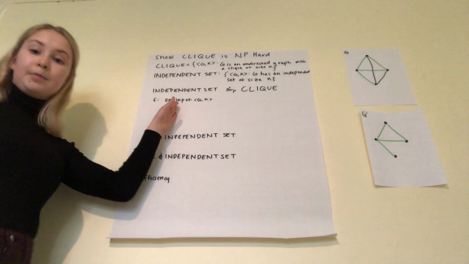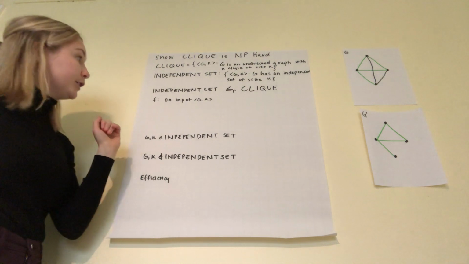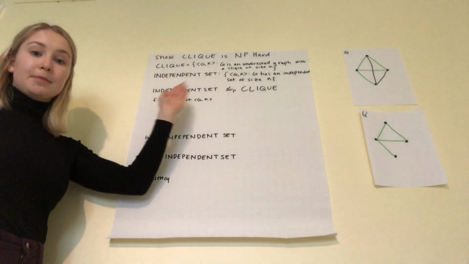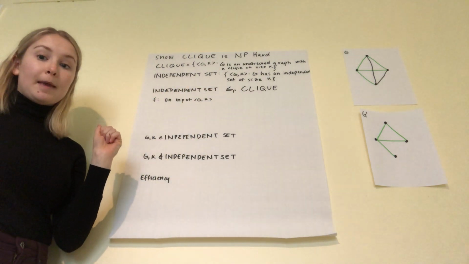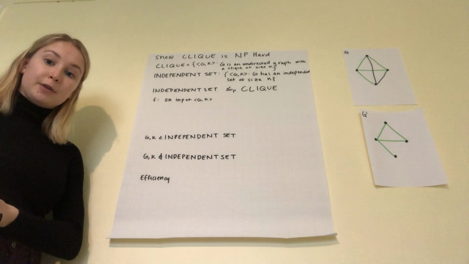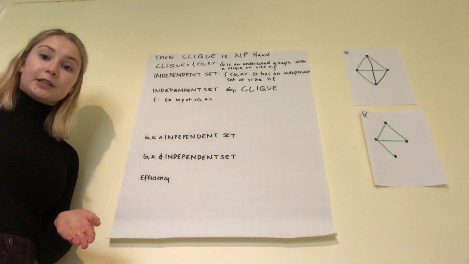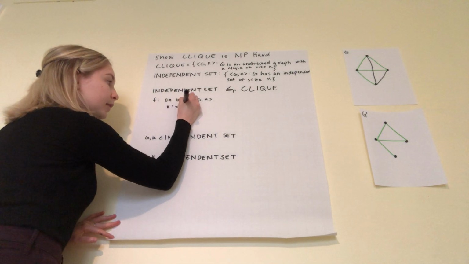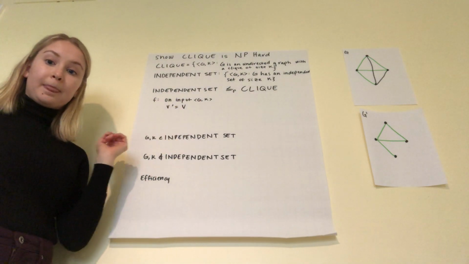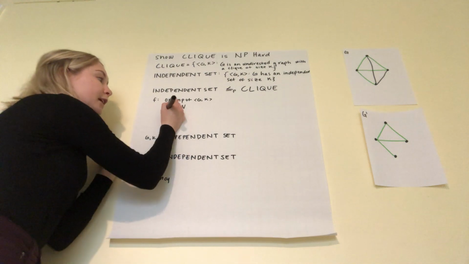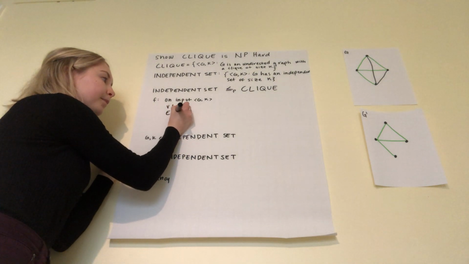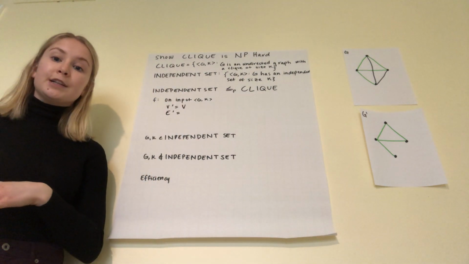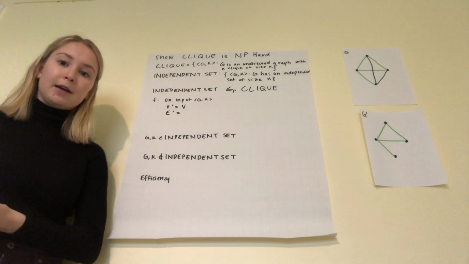So on an input G, K, we need to map instances of independent set to instances of Clique. And so we'll want to construct a G prime that has all of the same vertices as G. So V prime will equal V. But for the edges, E prime, we'll want all edges that are not in G to be in E prime.